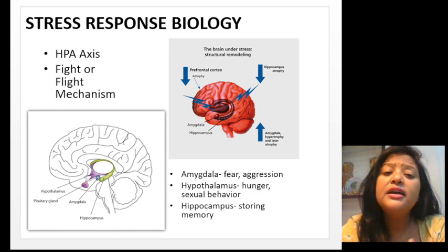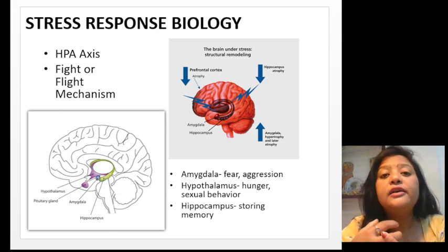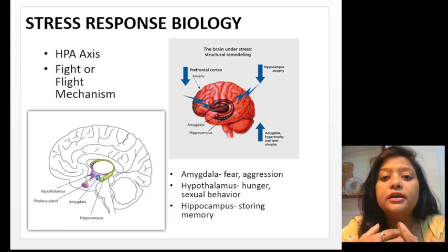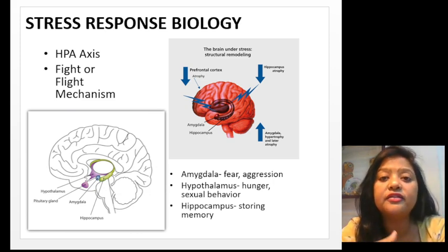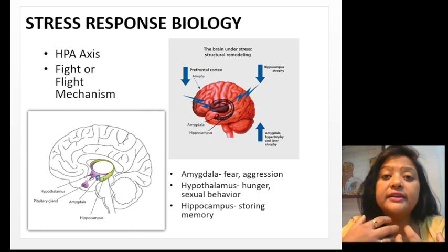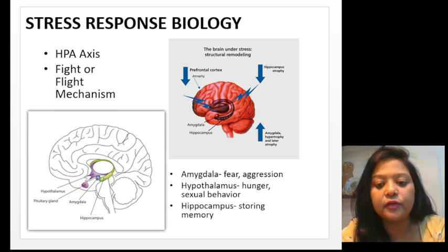The amygdala is the part of the brain which is responsible when you suddenly feel some stress and you start fearing, you start feeling aggression towards something, or something is disturbing you, and you start feeling anxious and getting scared of those things, like what will happen, what will not happen. For that, the amygdala is responsible.